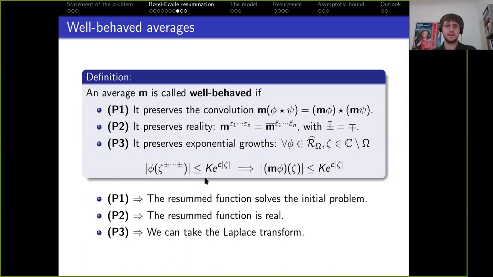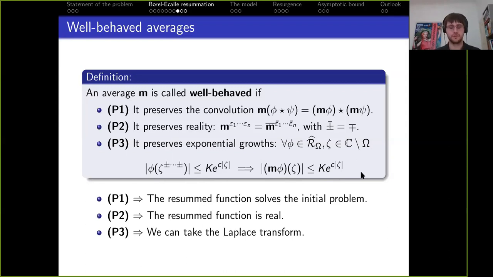So Ecalle gives you a more powerful tool by saying, I want that if my function admits an exponential bound in the principal branch of the Riemann surface, that means the path where I always avoid the singularity by the same direction, whether on the left or whether on the right, if I have an exponential bound on this path, then the average should have the same type of bound. And this is called the analytic problem.